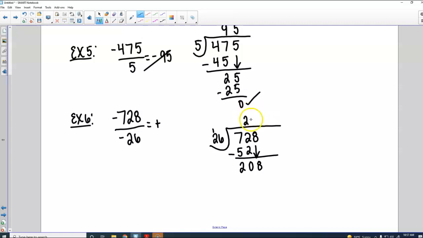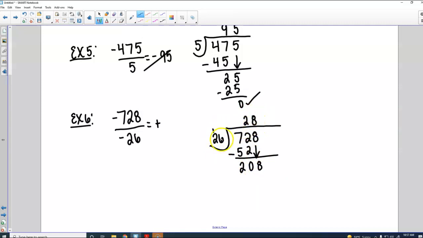Yeah, I think it's going to be 8. So this can be kind of difficult because it's not quite as easy to see, right? Sometimes you might have to kind of guess and check if it's right. So if you multiply and when you subtract you get a number bigger than 26, you know you could have used something bigger.